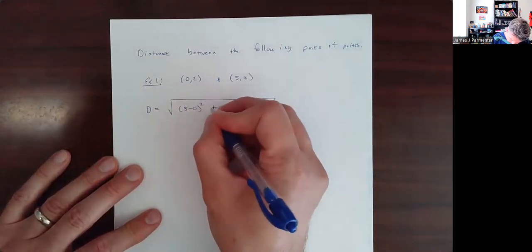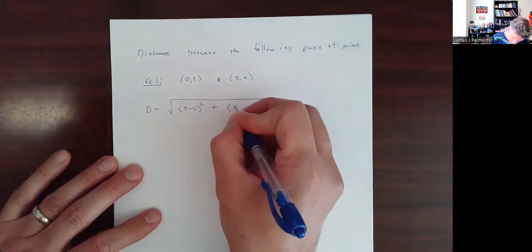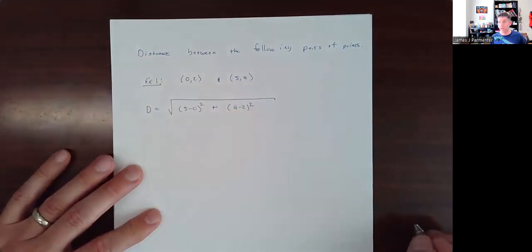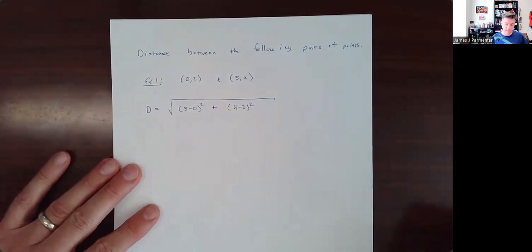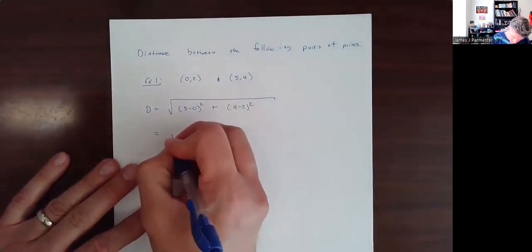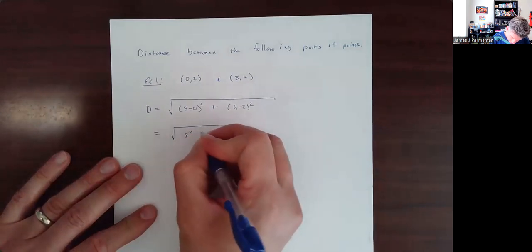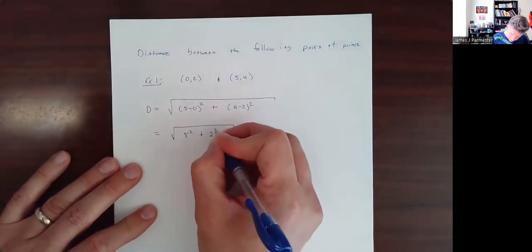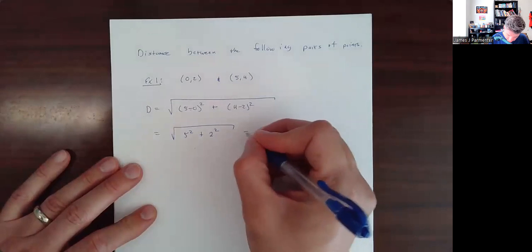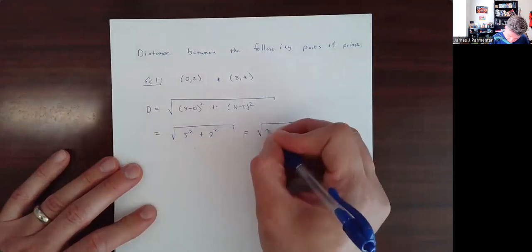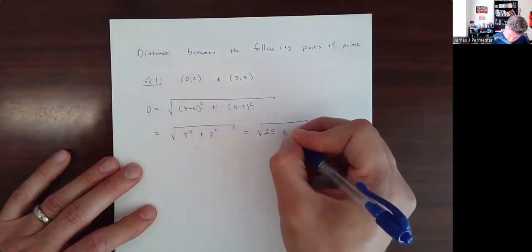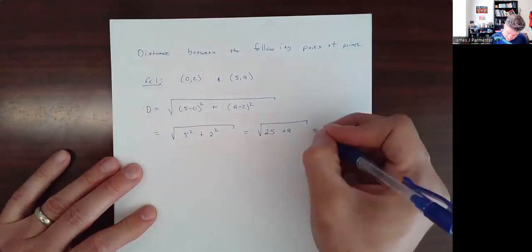So plus, we need that plus sign there, 4 minus 2 quantity squared. And then we should simplify as much as we're capable of. So that's going to equal the square root of 5 minus 0 is 5, 4 minus 2 is 2. I still have to square both of those. So that's the square root of 5 squared, which is 25, plus 2 squared, which is 4. 25 plus 4 is 29.